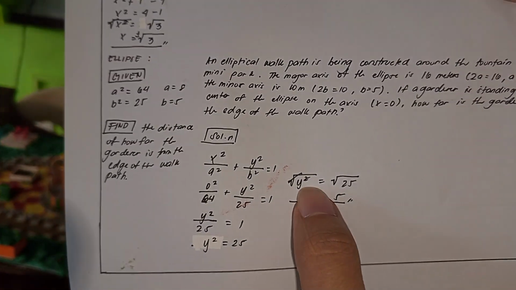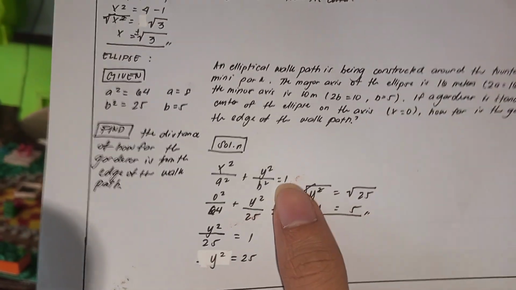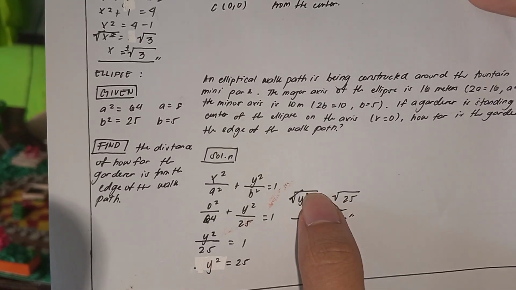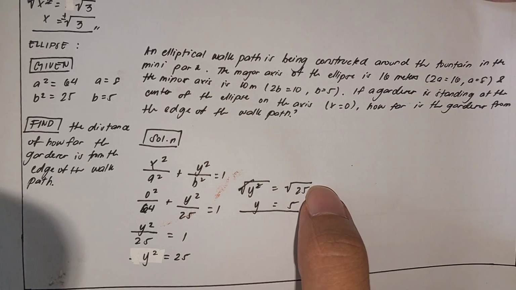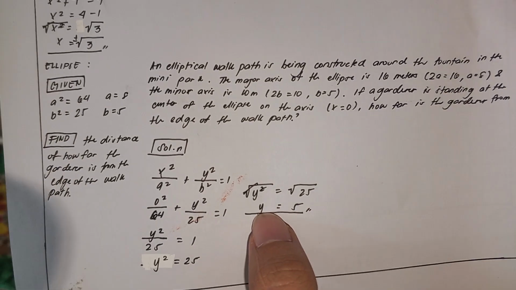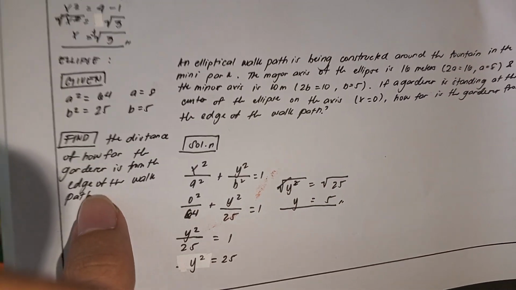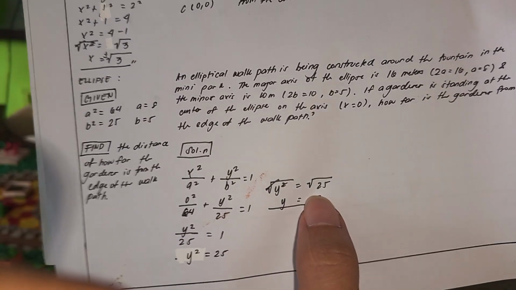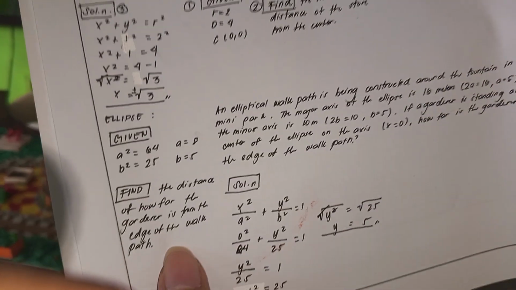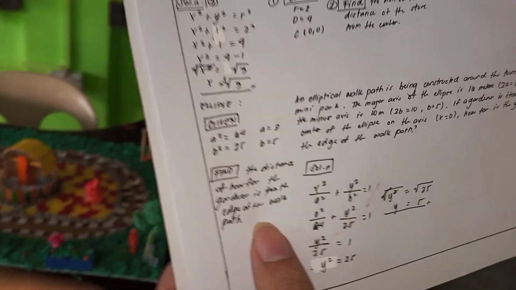Then we extract the square root, so the square is cancelled, and the square root of 25 is 5. So the distance of how far the gardener is from the edge of the walkpath is just 5. And that's all for our word problems.